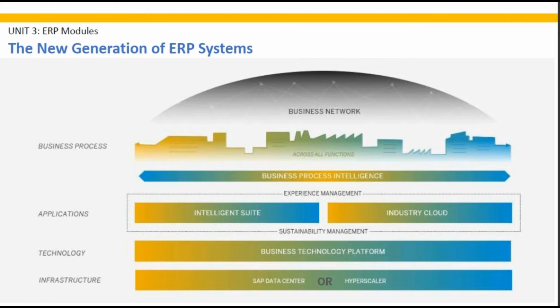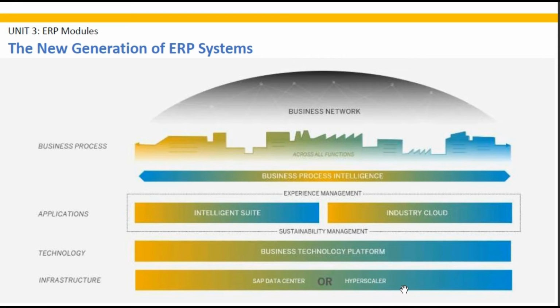So the new generation of ERP systems has the infrastructure, technology, applications, and business process layers. For infrastructure, we have the SAP data center or hyperscaler solution provided by SAP. Then technology is the Business Technology Platform, which happens to be a recent revolution in SAP. We're going to talk more about that in the coming sessions.